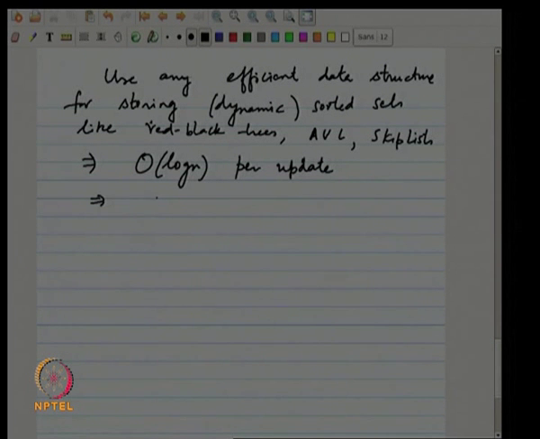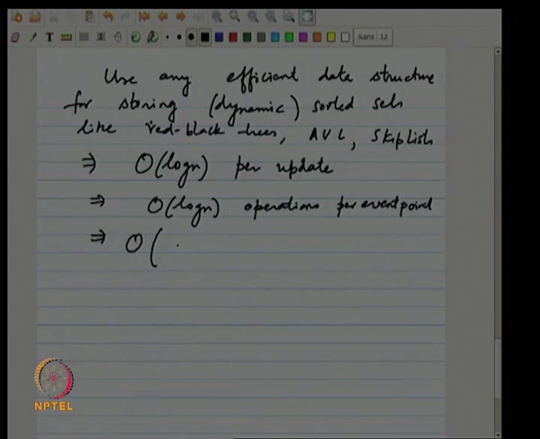This implies order log n operations per event point, which implies order n plus number of intersections times log n overall.